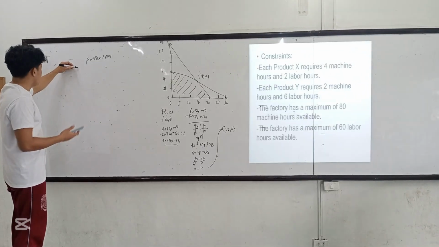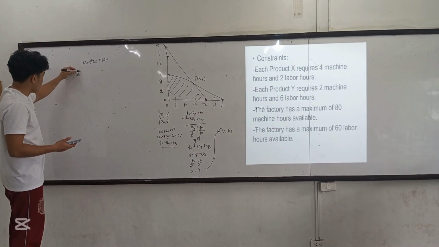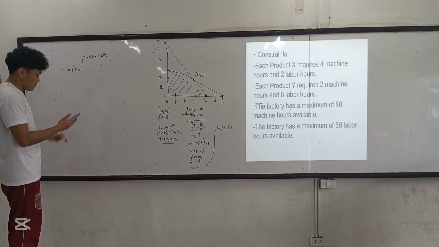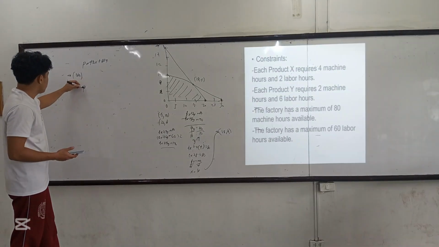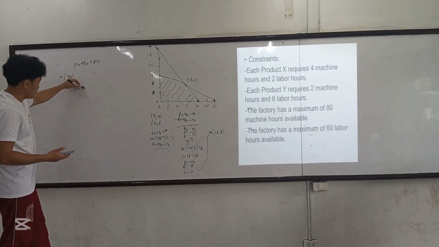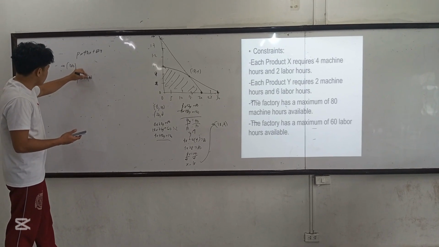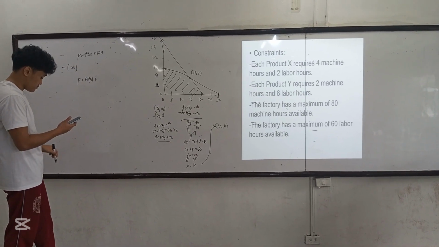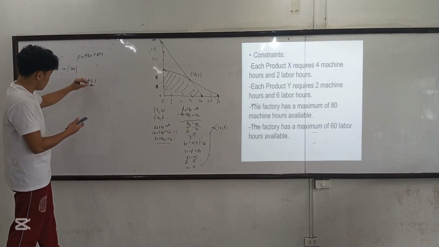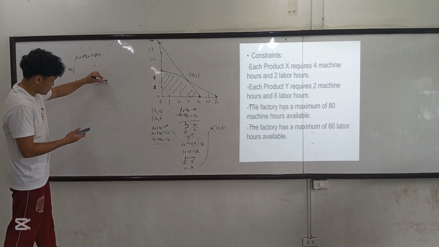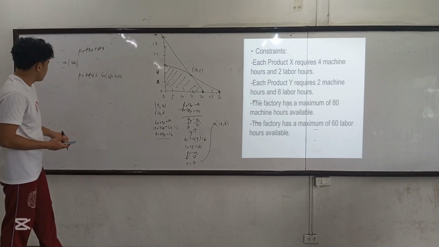Use the point for our first equation, 0 and 10. Substituting, 40 times 0 plus 60 times 10 is equal to 600.